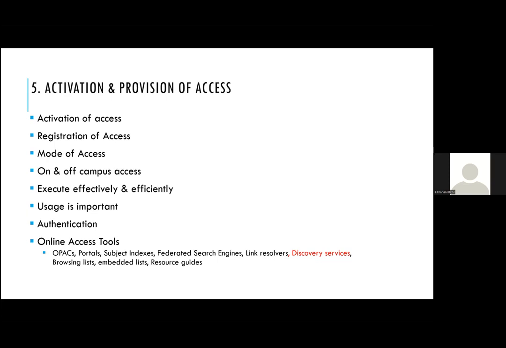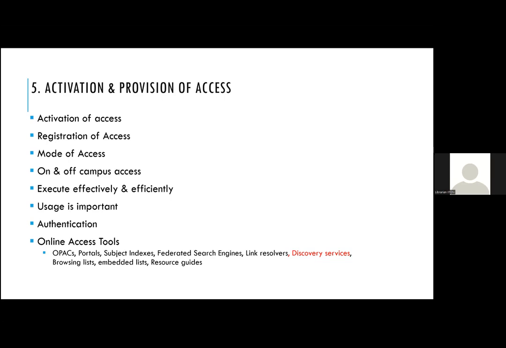Can we use the OPAC to list the electronic resources or major databases, or the website itself, or do we create subject indexes discipline-wise? If we are subscribing to any federated search engines, link resolvers or discovery services, how do we integrate them, and also create resource guides? Do we want to embed this list in course packs?